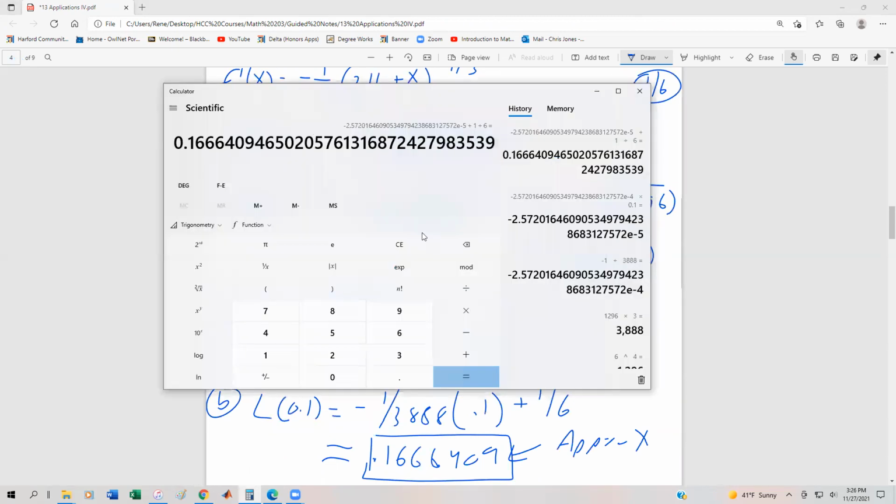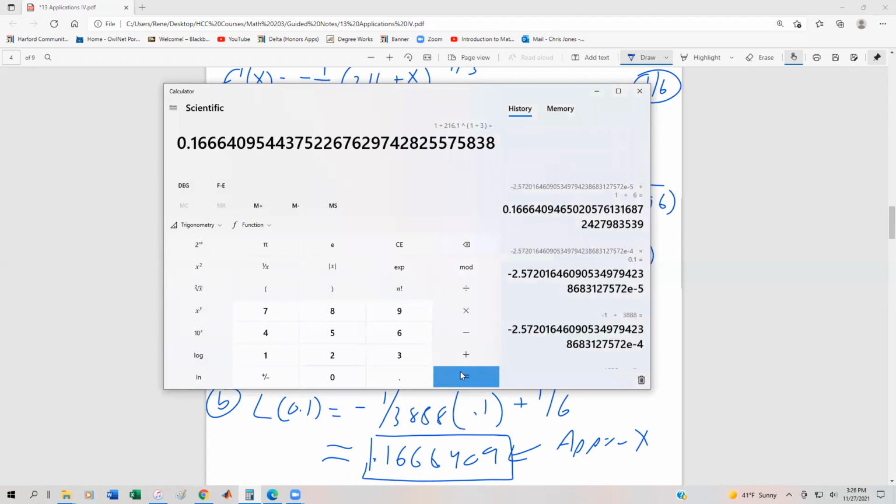Go back here. We are going to clear this. And we're going to have 1 divided by, let's just say, 216.1, and we're going to raise that number to the 1/3 power. So we do the cube root of that. Oh, not 1 over 6, 1 over 3. All right, and we close that out. And it gives us 0.16666410.